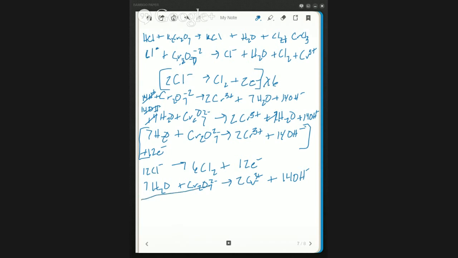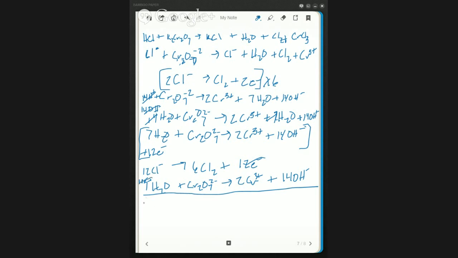If we cancel everything out, see if it'll let me undo that. There we go. Cancel out what cancels out, which the only thing that would cancel out would really be the electrons, which were on this side. I apologize, forgot to write them in there.